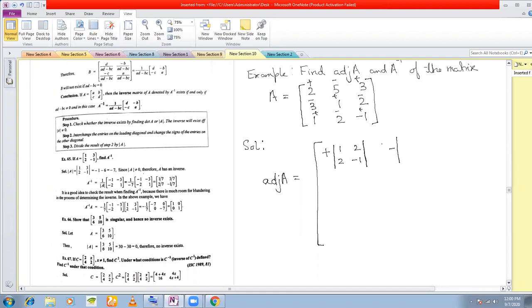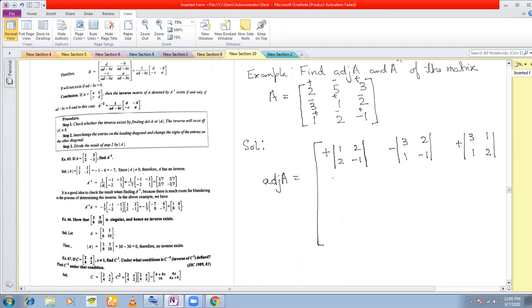What should be the minor of 5? You cover the first row and the second column. So you get 3, 2, 1, minus 1. Next, plus position again. 3 is the plus position. So you have 3, 1, 1, 2.